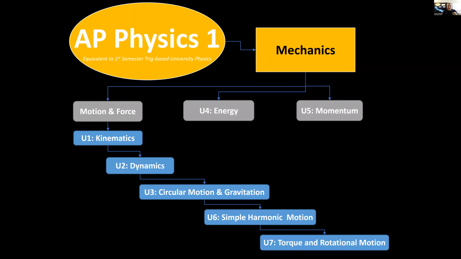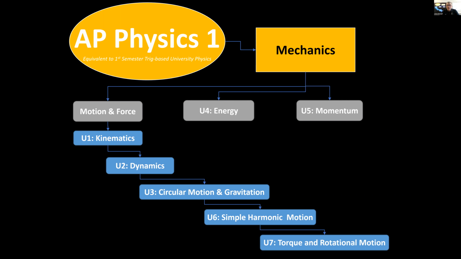Firstly, the content that we cover in AP Physics and Central Washington Physics 111 and 112 is similar to the content that a student would experience if they were in their first semester of a trigonometry-based general physics course at university.